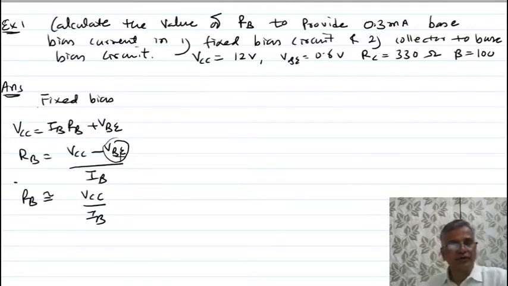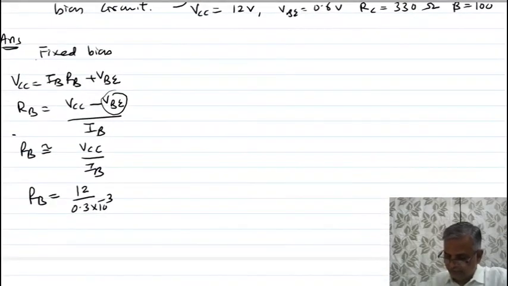If you want to write VCC minus VB upon IB, it will do. So RB is nothing but 12 volt upon 0.3 milliampere. So you will get 40 kilo ohm.